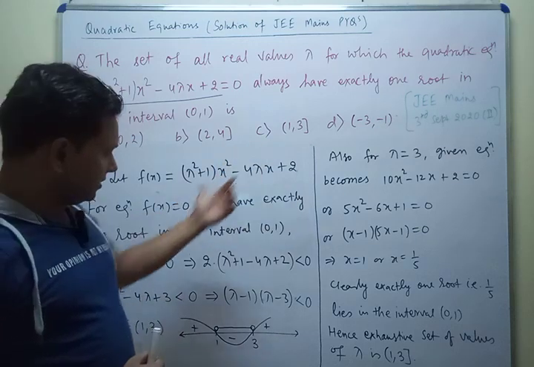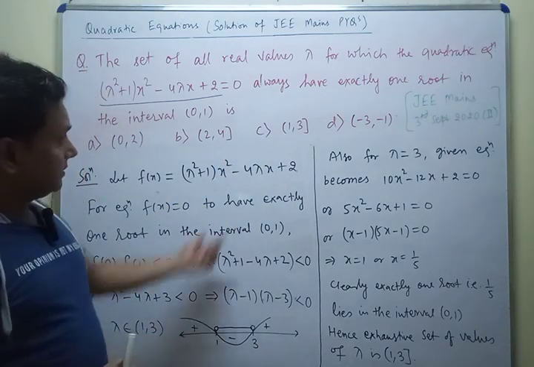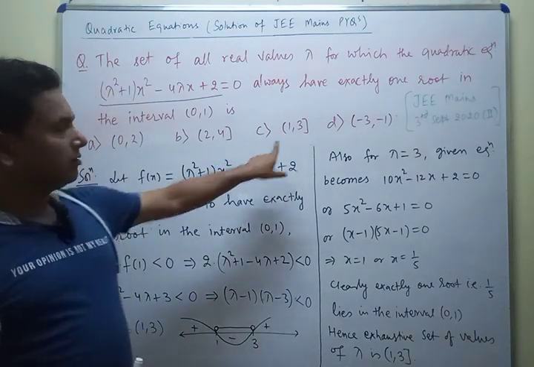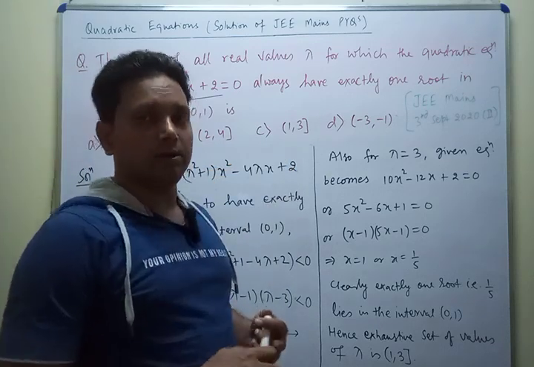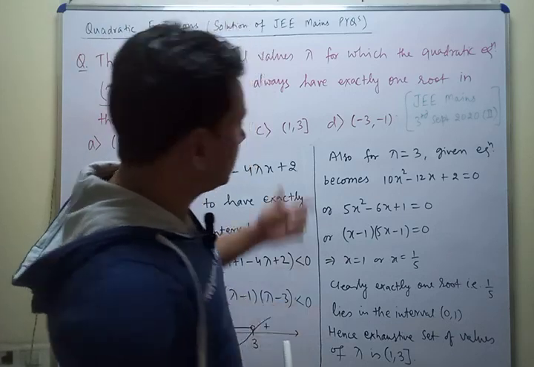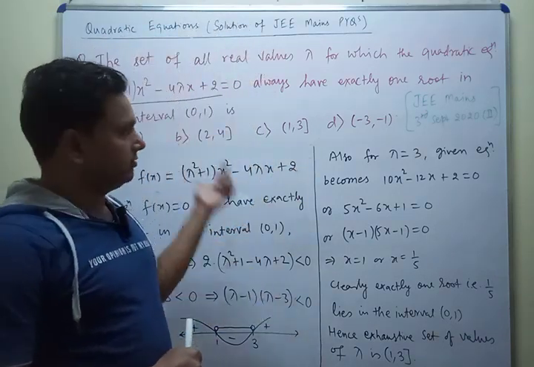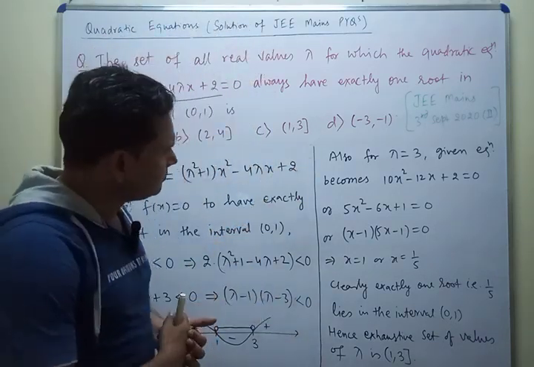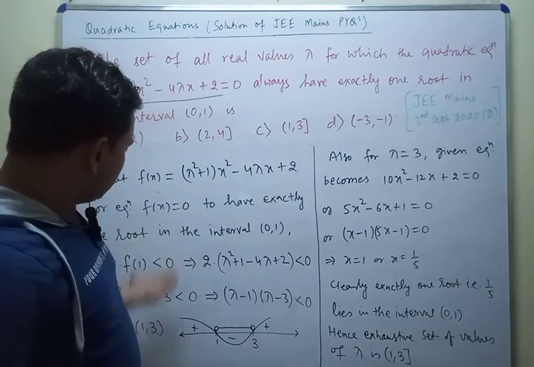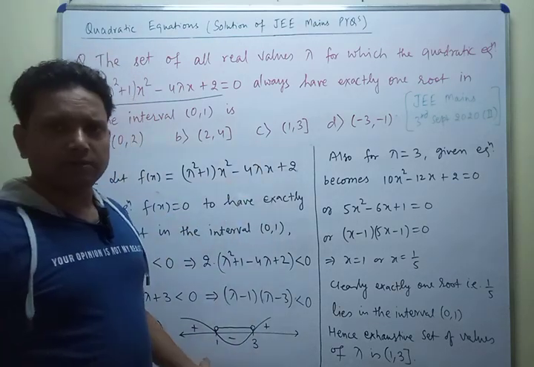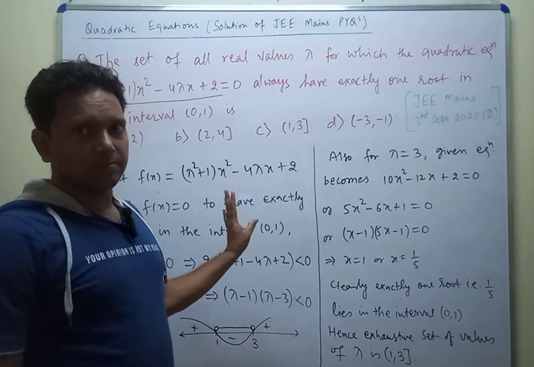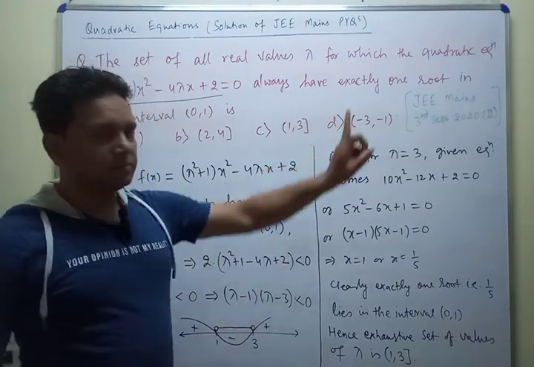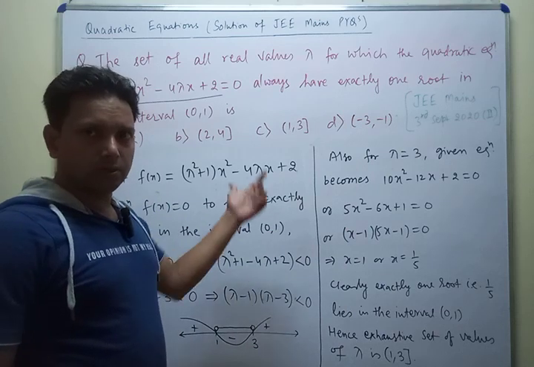Actually it should be checked even if this option 1 comma 3 is given. You should check the boundary conditions also, right? Sometimes boundary values are also included in the set. Since 1 is not given, we are not going to check for 1, but 1 should also be checked, though not during examination. If there is no option like closed 1 to closed 3, then there is no need to check the value of lambda as 1.